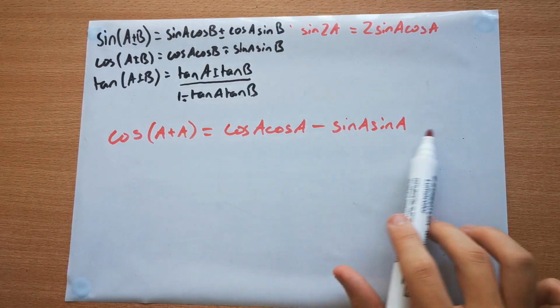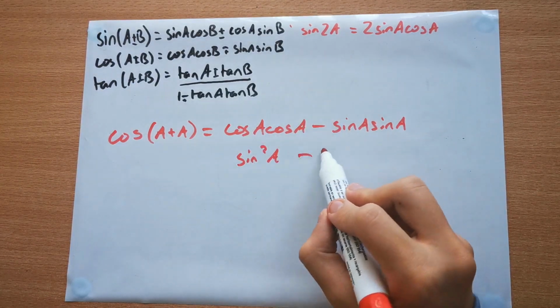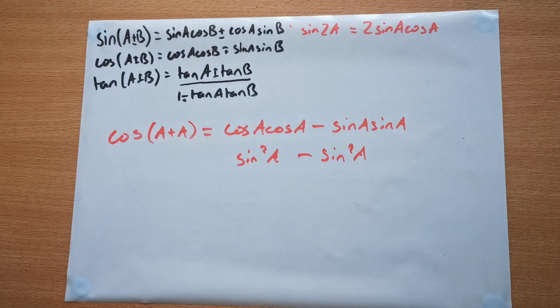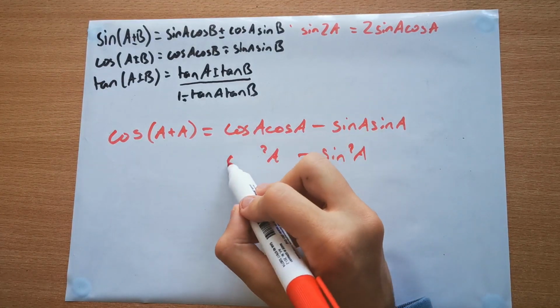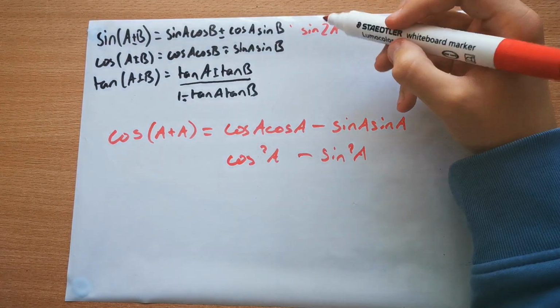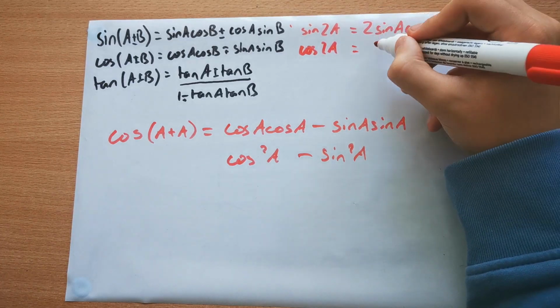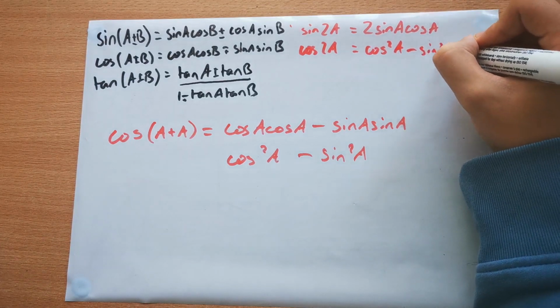But yes, that is equal to cos squared A minus sin squared A. That is also not a cos, I wrote sine. Let's just rub that out. That is cos squared A. So we'll write that up here too. Cos 2A is equal to cos squared A minus sin squared A.